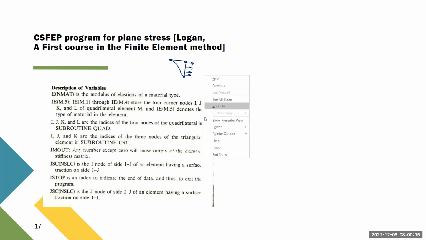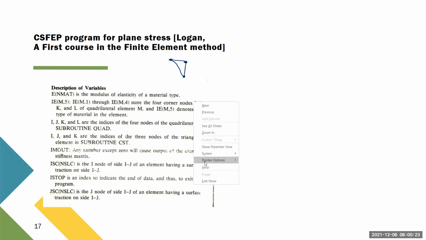Let me do something a bit more realistic. Let's suppose I have something like this. Okay, so this is a distributed force.